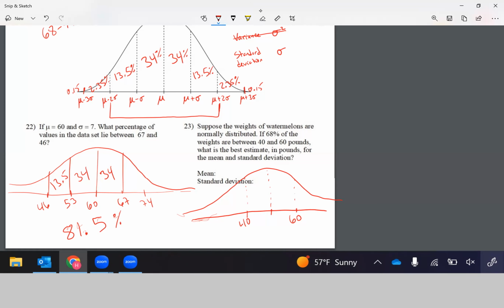If you don't know what number is between 40 and 60, add them both, 40 plus 60, and then divide by 2. 40 plus 60 is 100. 100 divided by 2 is 50. Now, some of you are like, I already knew between 40 and 60, the number in the middle is 50. That is our mean. What's the mean? 50.